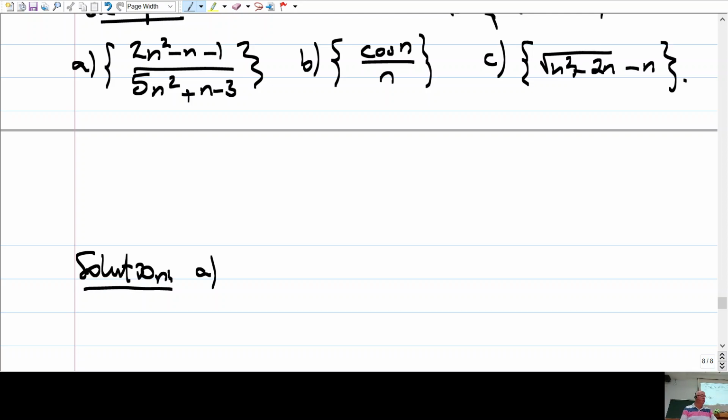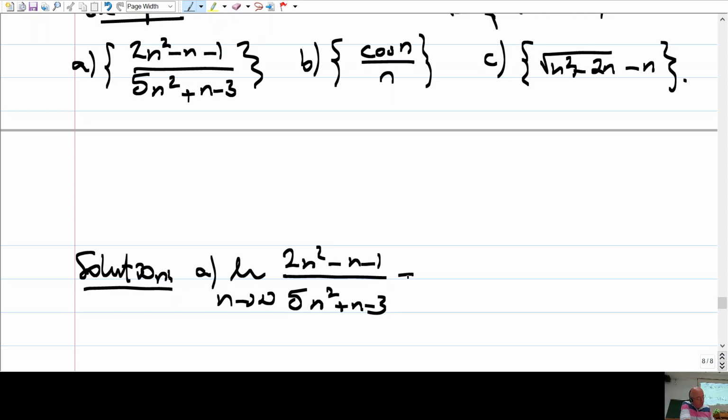Using the epsilon definition for these limits is not practical, but we can make use of the following facts. I can make use of all the facts I have stated so far.